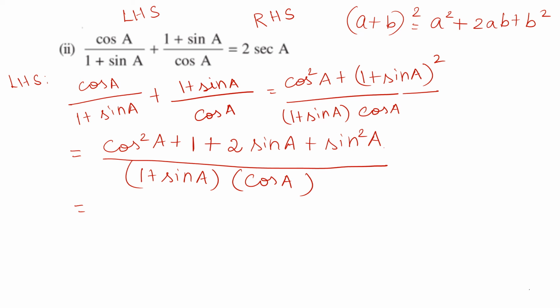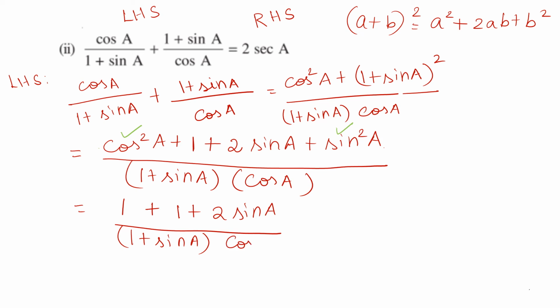So this becomes 1, and I take it as 1 plus 1 plus 2 sin A, by (1 plus sin A) into cos A.